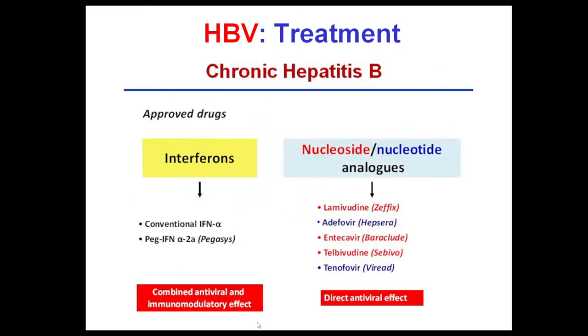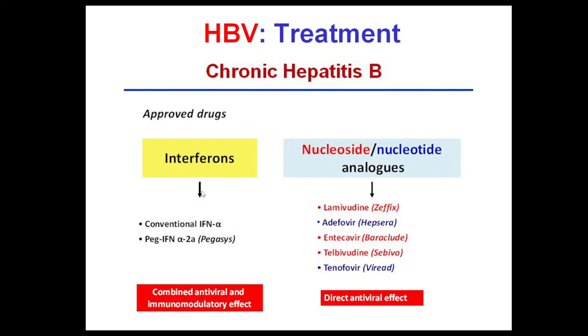Now, my dears, a few words about hepatitis C. So, that's for treatment we use. What drugs are approved for hepatitis B? Interferons. Why can interferon be used? My dears, do remember that interferons are effective against RNA viruses, but not DNA viruses.